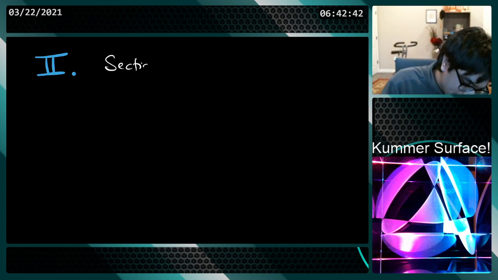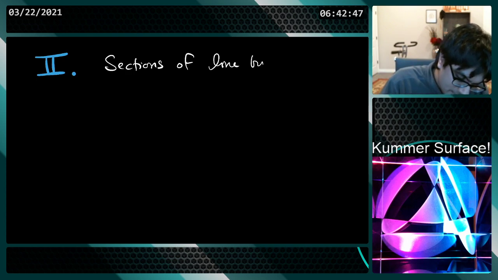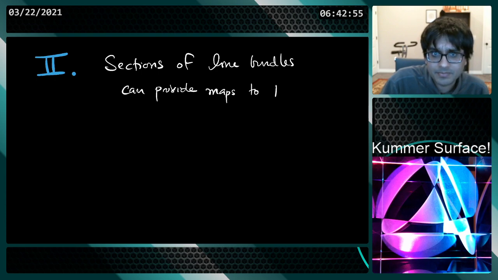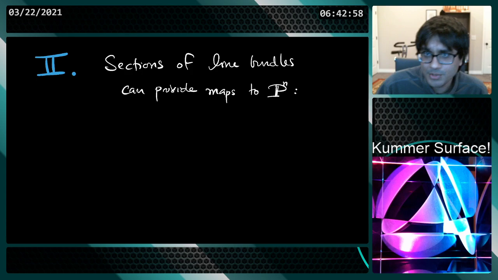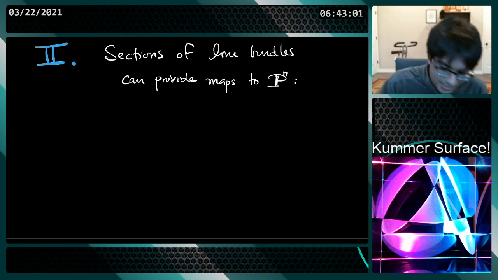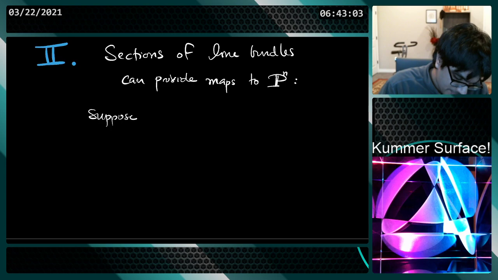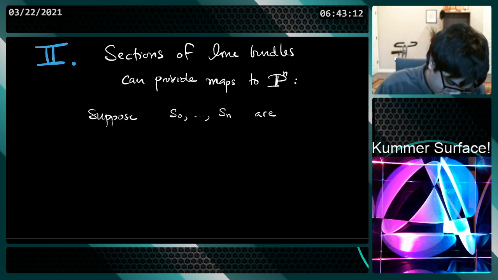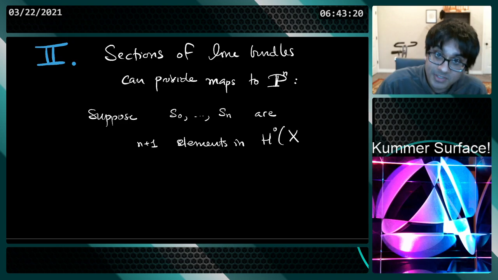So this is the point. One thing to learn: sections of line bundles can provide maps to projective space. So here's what you need, though. Suppose you have n plus 1 global sections of a line bundle.